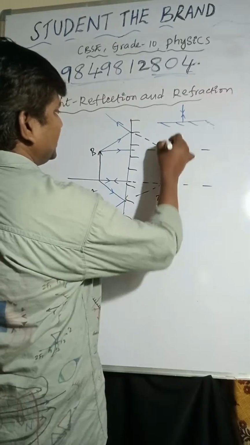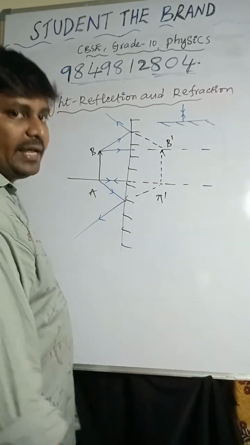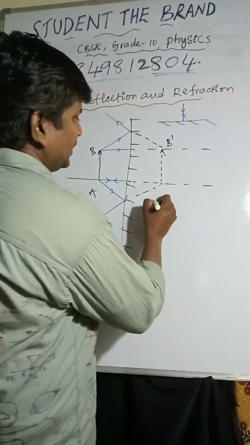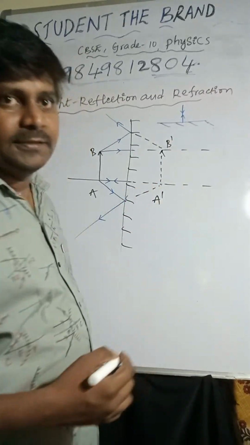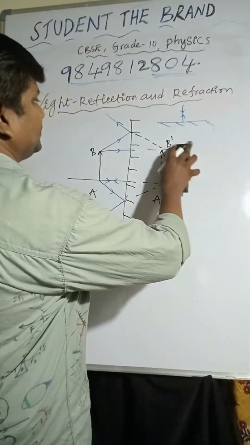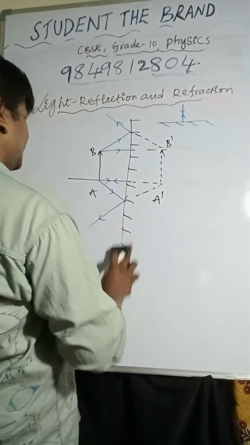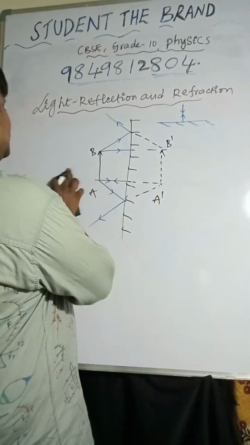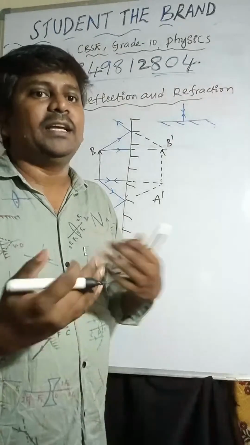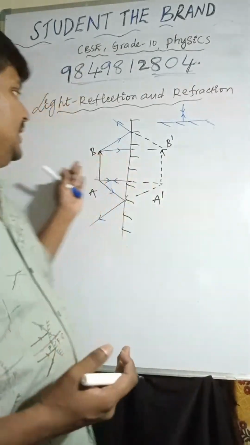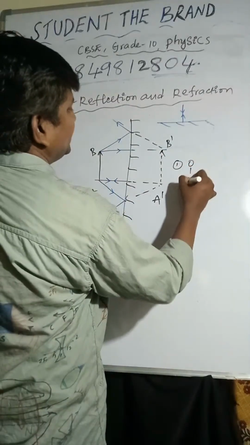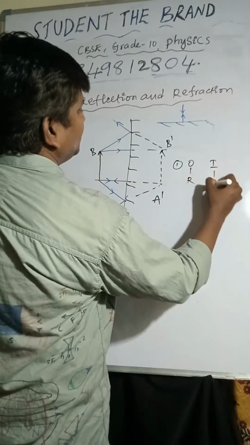So A dash and B dash. Here the object is real, image is virtual. Point number one: object is real, image is virtual.